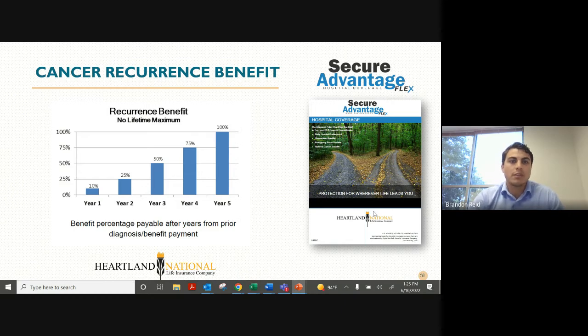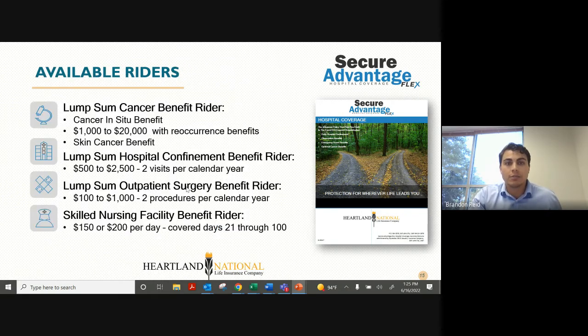It would take your policyholders more than 27 years to pay more into that benefit and premium than they'd get from a one-time occurrence, a one-time benefit payment. Not to mention if it paid again at 100% 5 years later, it would take over 50 years, maybe even 60, to pay more into that plan and premium than you got from those 2 benefits. So a lot of value right there on the cancer benefit with the recurrence rider built in.